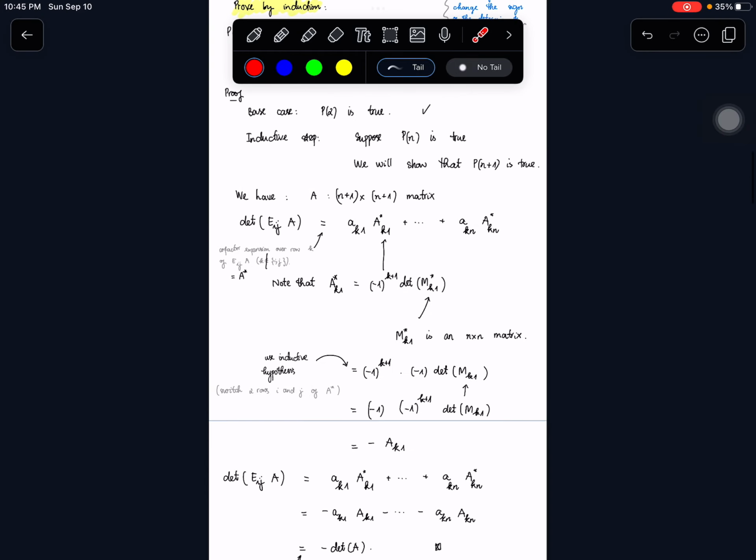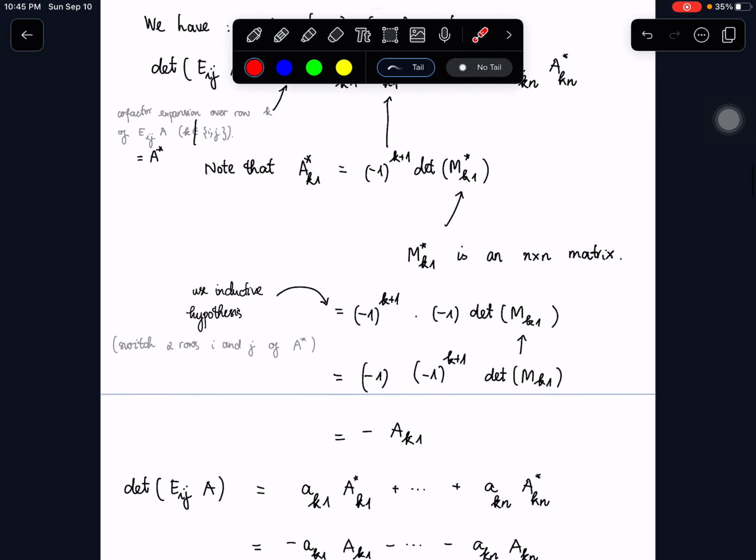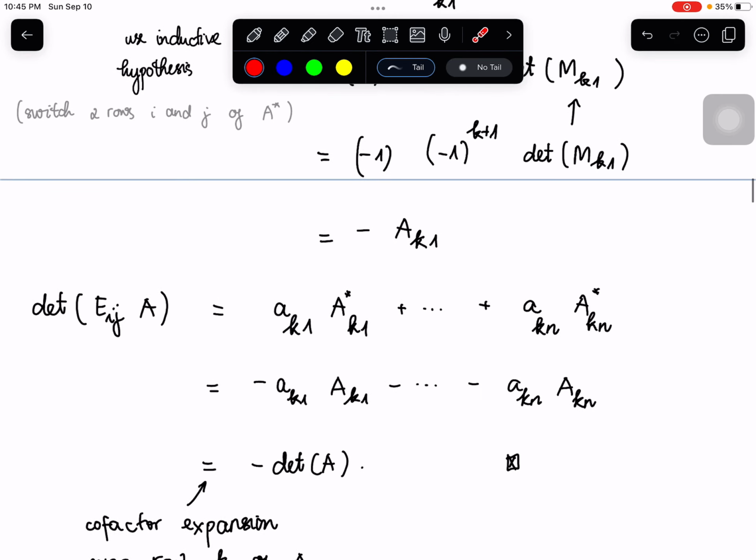Similarly, we do the same thing for A star k2, A star k3, and A star kn. At the end, we have the determinant of the new matrix, the matrix after we switch row i and row j of A. This is what we get by doing cofactor expansion over row k.